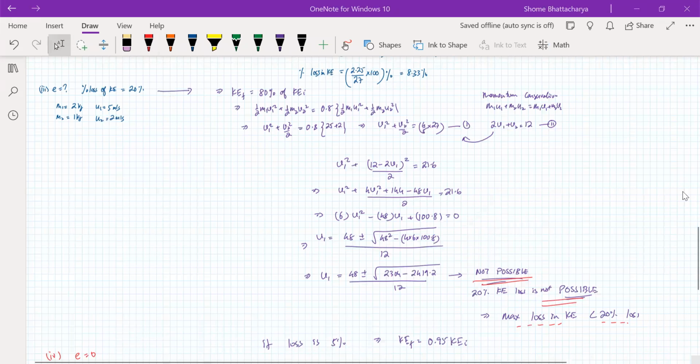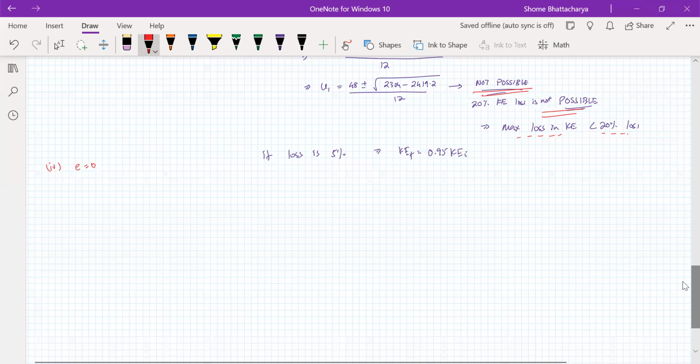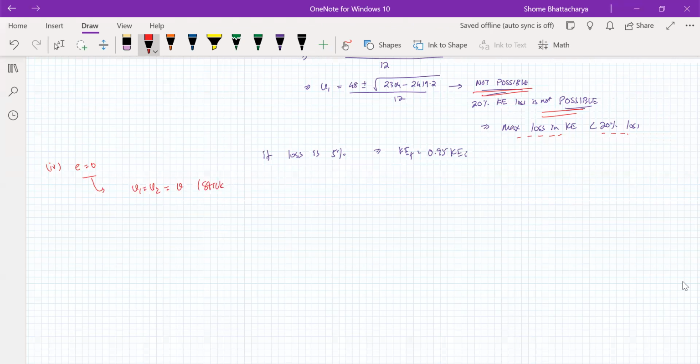So solving the E equal to 0 case, we'll see that V1 is equal to V2, equal to V, because they stick together. So after impact, they become like one combined object moving at a velocity V. Whereas before impact, like this.